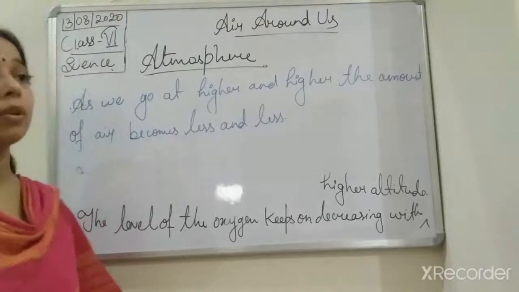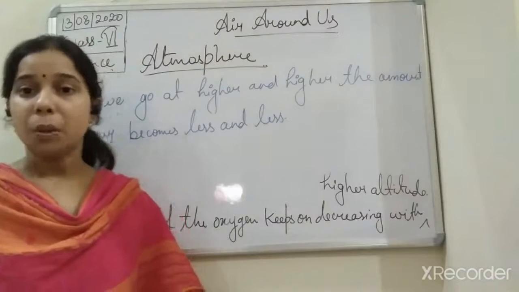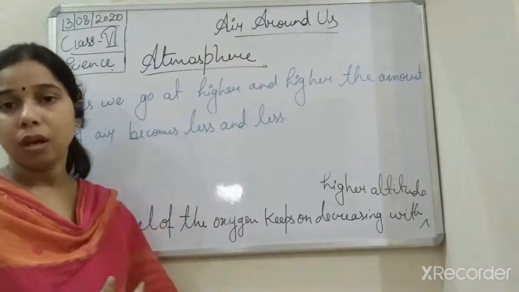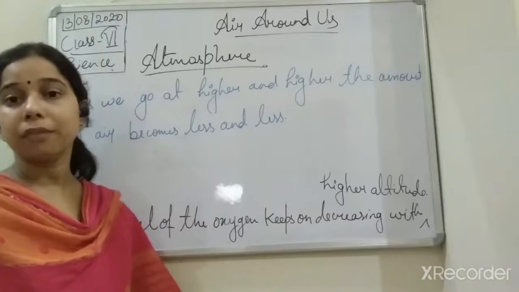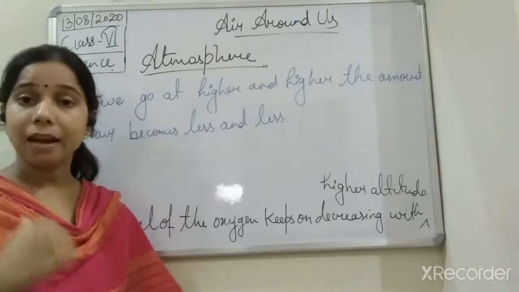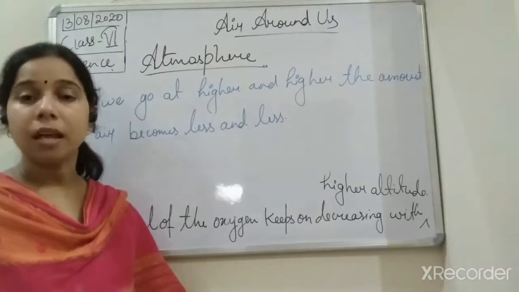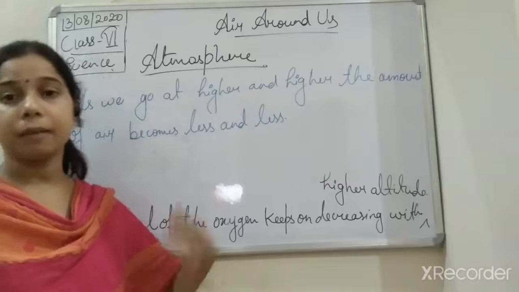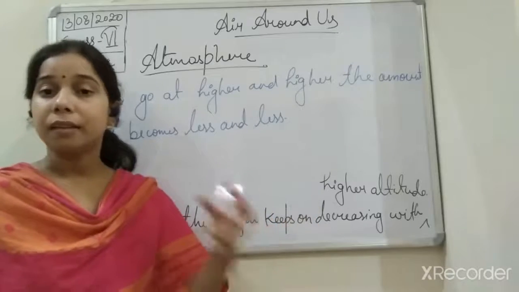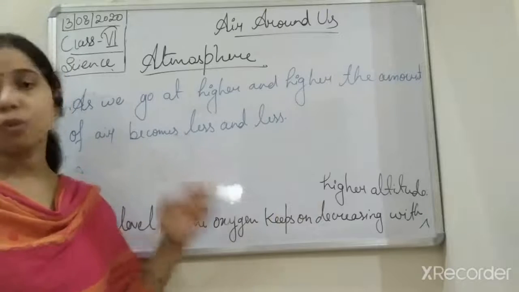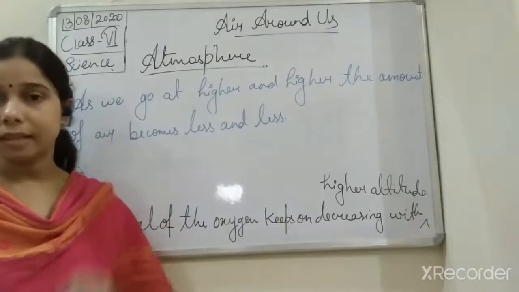And due to which, students, if you see the mountaineers, when they go to a higher altitude, when they go up the mountain, what will happen? They will take an oxygen cylinder with them. The reason is that as they go to a higher altitude, the amount of air becomes less and less.